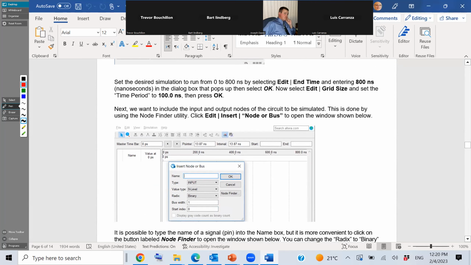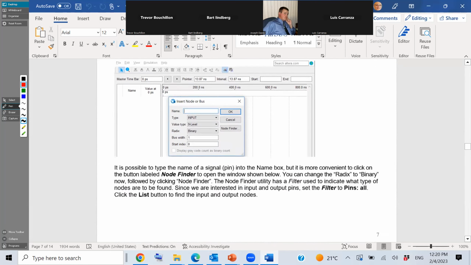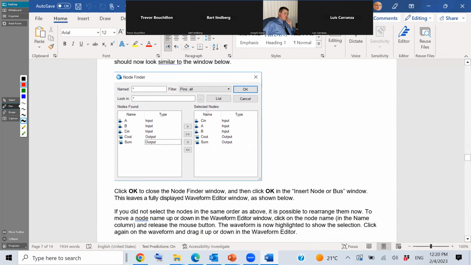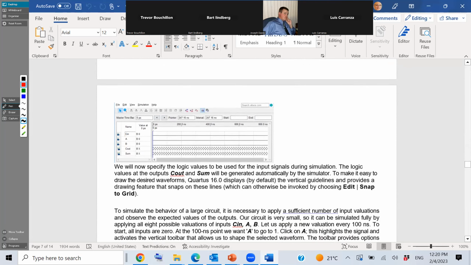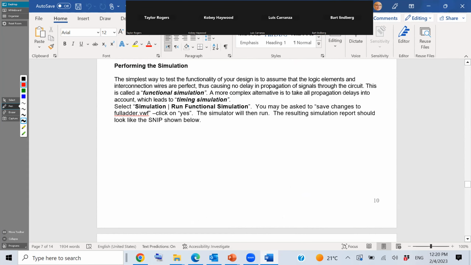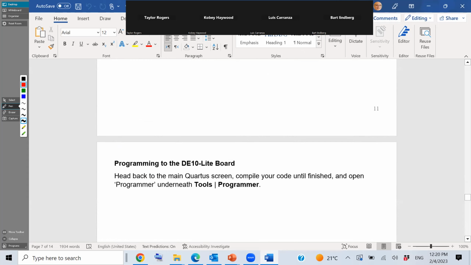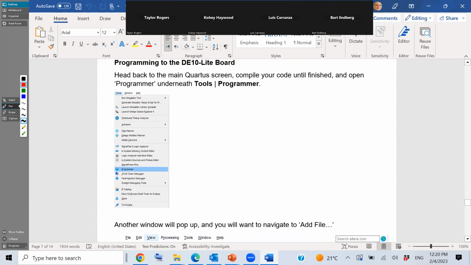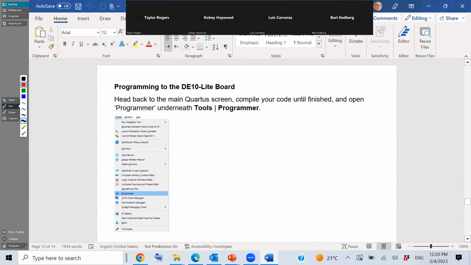But after you are satisfied with its running, this is the same steps used over and over. Now we'll be ready to download this program to our board.